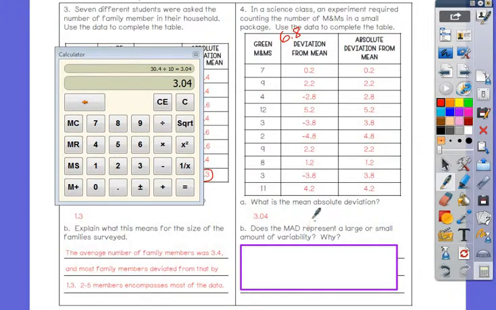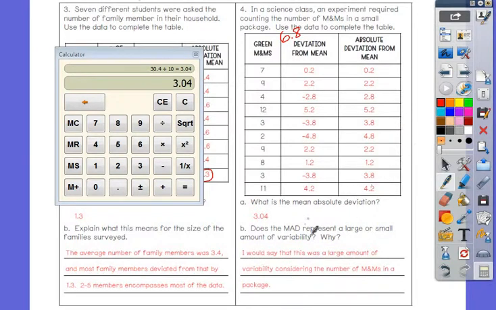Does the MAD represent a large or a small amount of variability and why? So to determine if it's large or small, you've got to look at what numbers you were dealing with originally. Compared to these numbers sampled, is 3 relatively small or large in comparison?